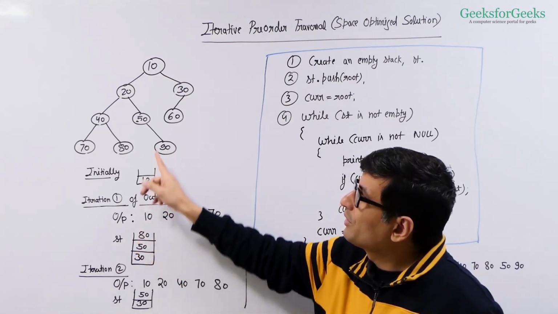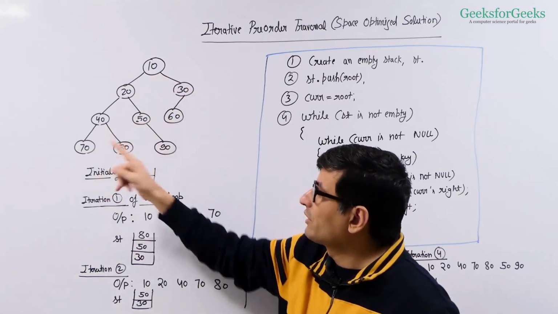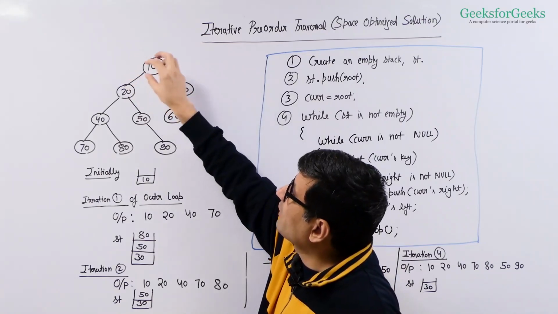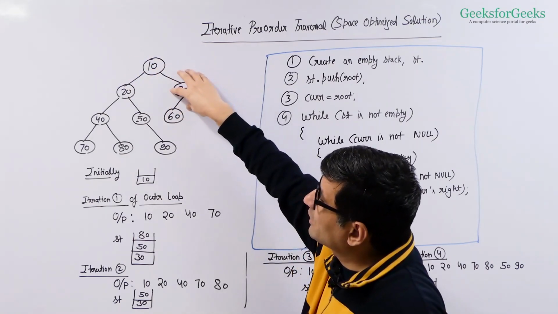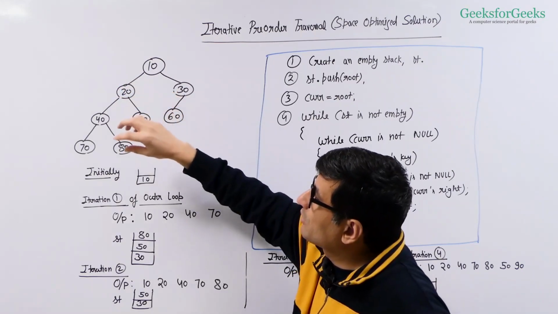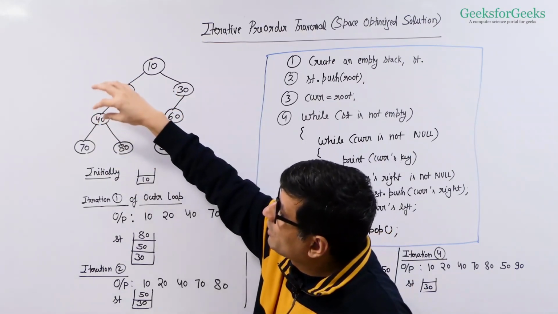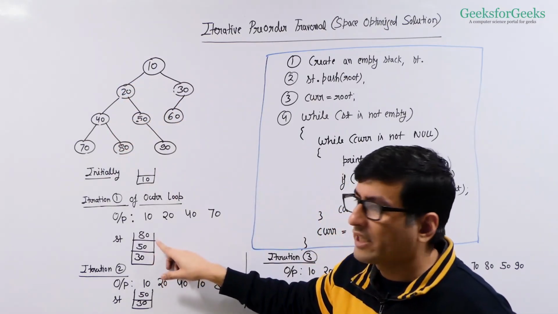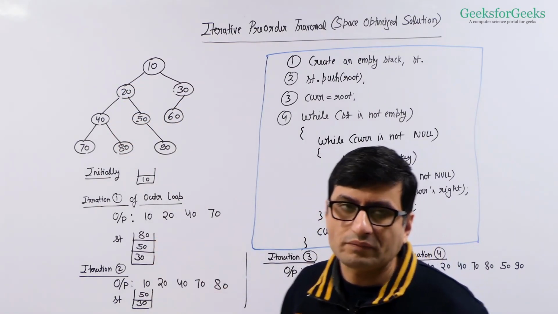Then you print 10, 20, 40, 70. When you printed 10, just after that you pushed 30 into the stack. When you printed 20, you pushed 50. When you printed 40, you pushed 80. So this is how our stack looks after the first iteration.